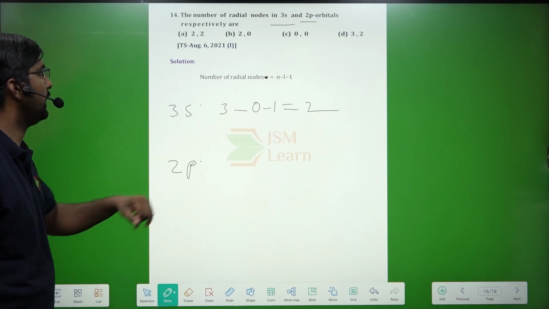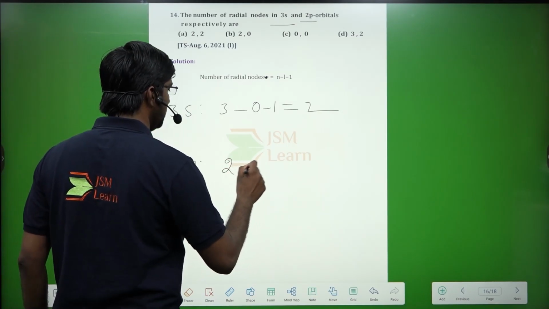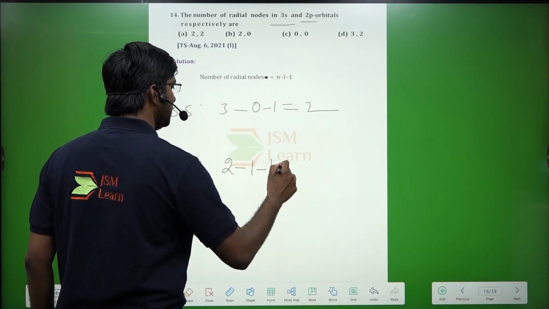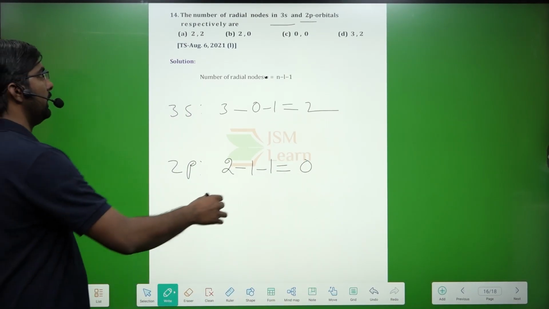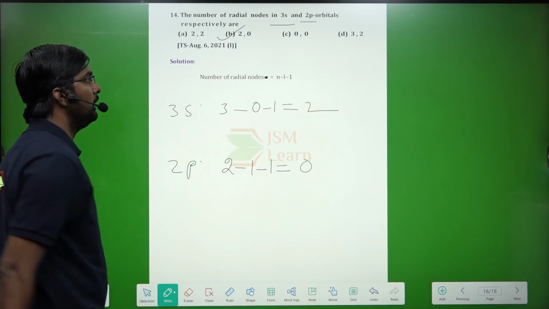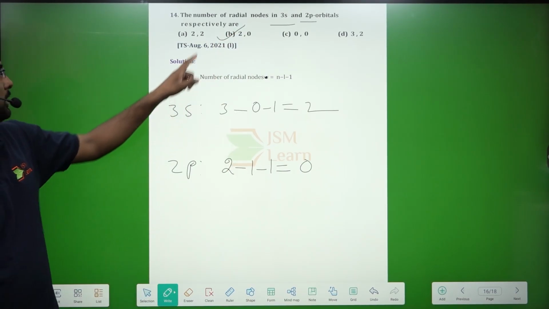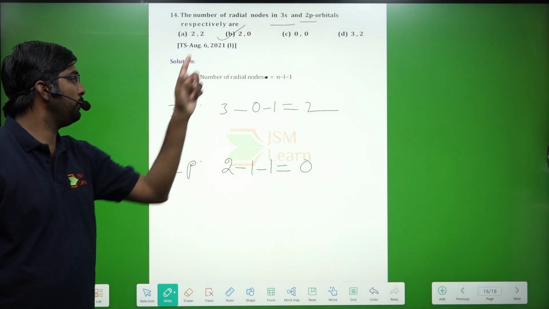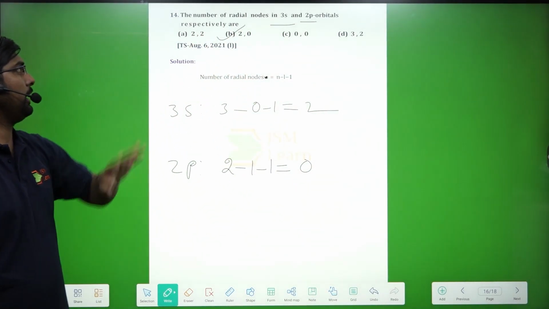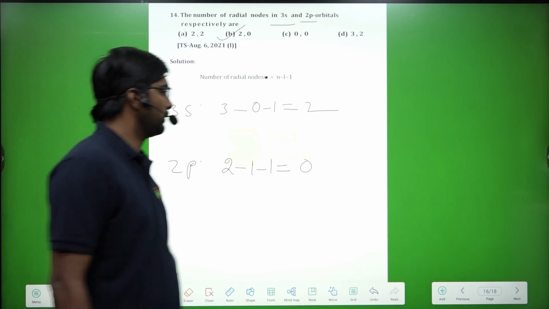For 2p orbital, n is 2, L equal to 1, minus 1, that is equal to 0. So what is the correct answer? Option B is the correct one. The 3s orbital has 2 radial nodes and the 2p orbital has 0 radial nodes.